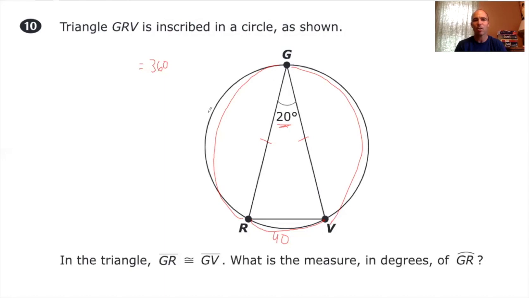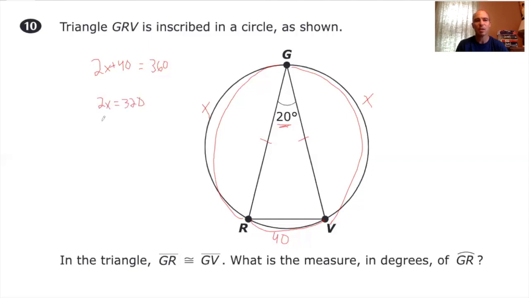So let's just say I want to call this x. This would also be x. So I would say that x plus x, plus don't forget about that 40 right there, all of that added together is 360, because all of the arcs in the circle have to add up to 360. So I'll subtract 40 from both sides. 2x equals 320.